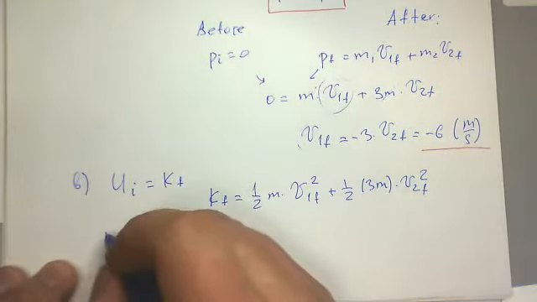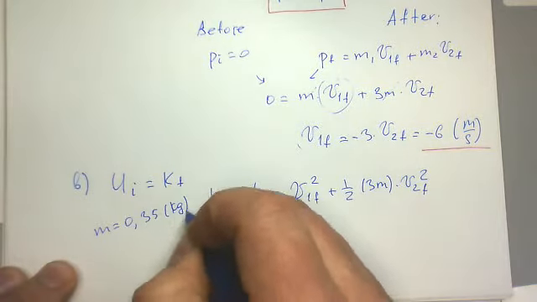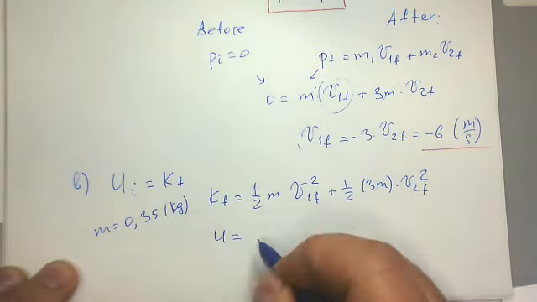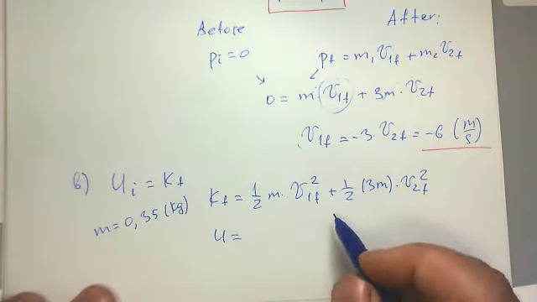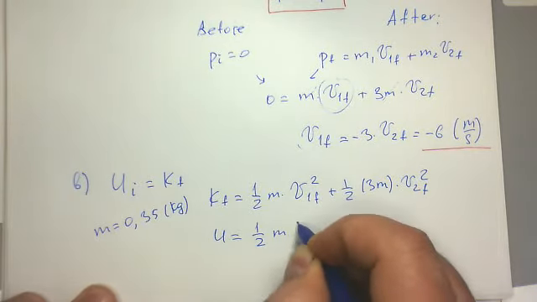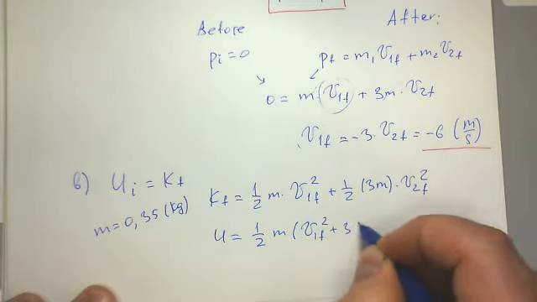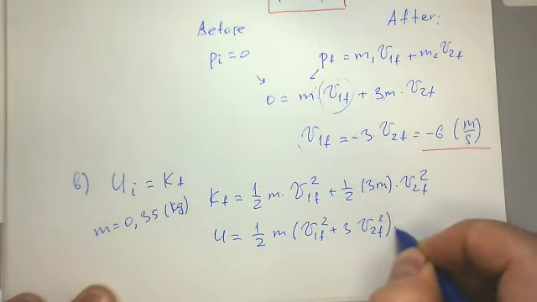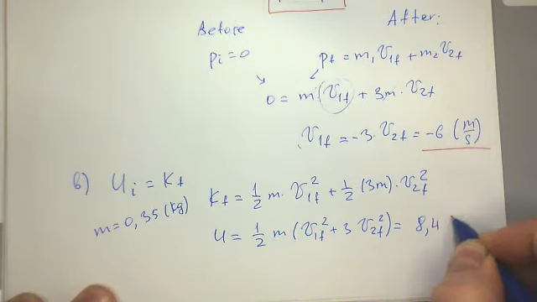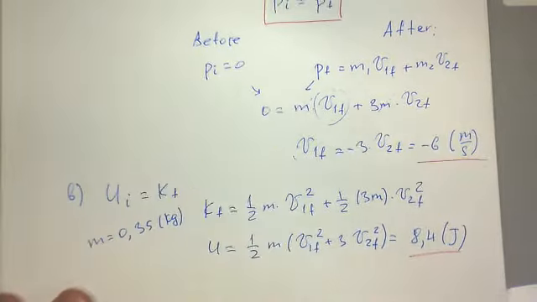When you substitute the given information about m, which is 0.25, you can find that Q, the elastic potential energy stored in the system before the core is burned, equals this expression with v1 final squared plus 3 times v2 final squared. The numerical value would be 8.4 joules. So that's the answer for part B of the problem.